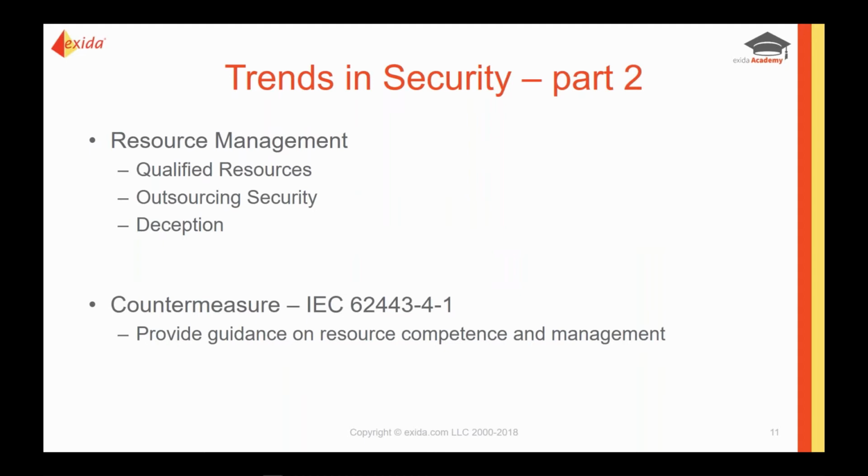You want to make sure resources are qualified, that any outsourcing that you're doing is sound, and that you're not caught up in any kind of deceptive practices or internal attacks. 4-1 also does help here by providing guidance on determining competence and managing those resources.